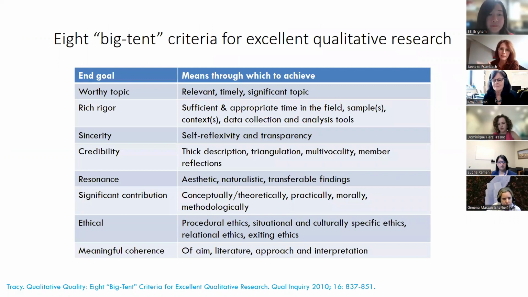Here again, you can see how rigor comes into the process: being coherent so that your analysis responds to your research question, being reflexive and transparent in this process, and producing themes that resonate with your readers and actually make a significant contribution.